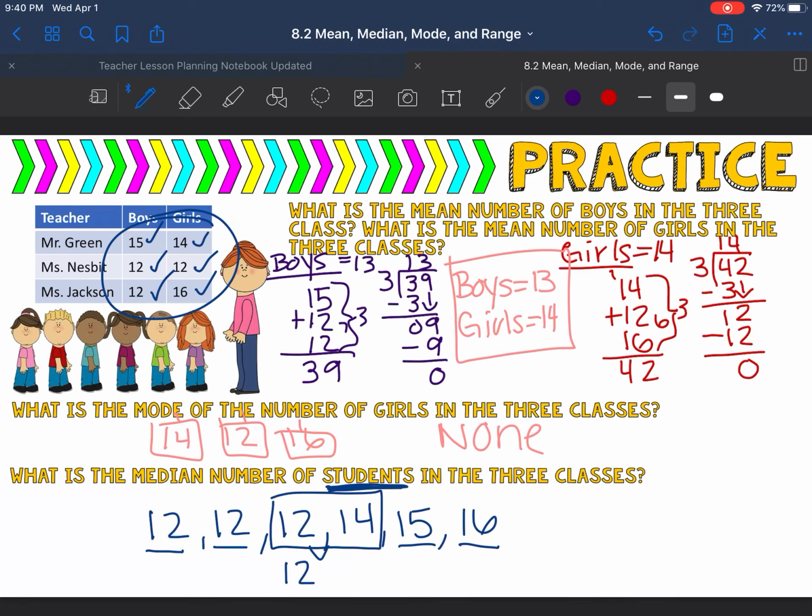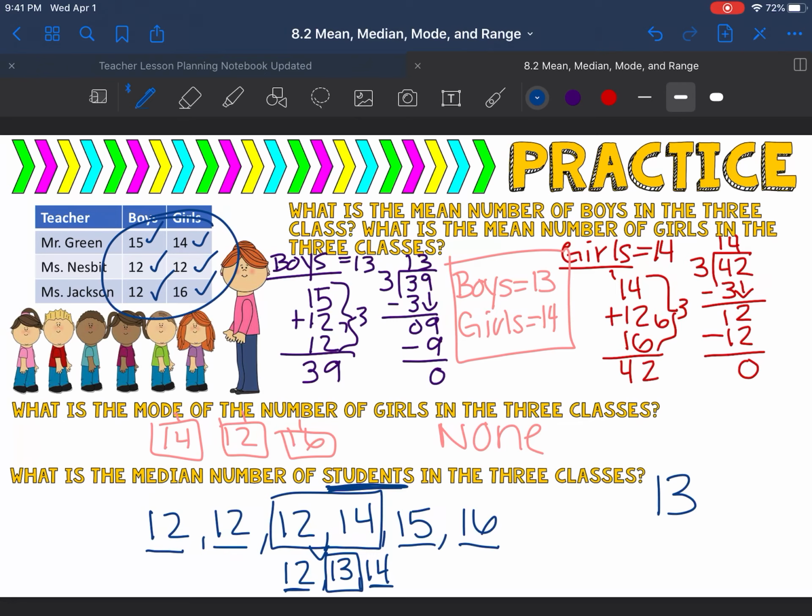I'm going to count 12, then there's a 13, and then there's a 14. So within those three numbers, what number is in the middle? Well, if I have a 12 on this side and a 14 on this side, that leaves me with 13 in the middle. So the median or the middle number for the students in the three classes is 13.